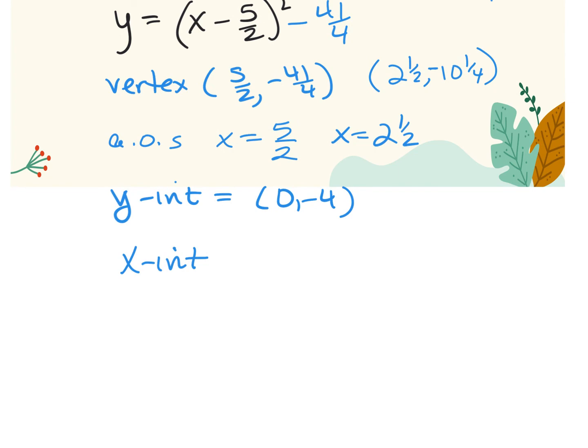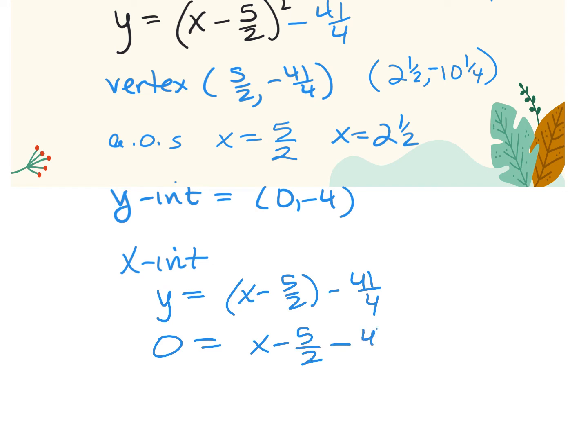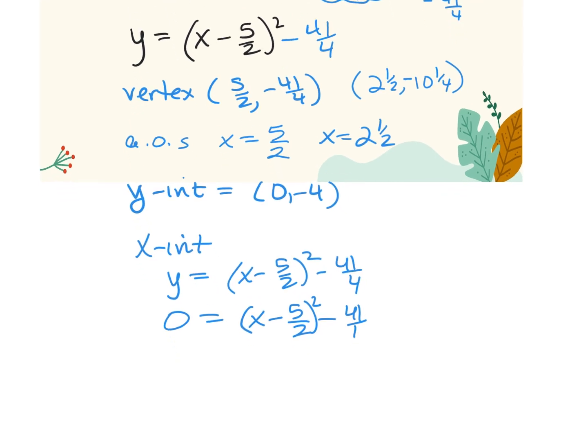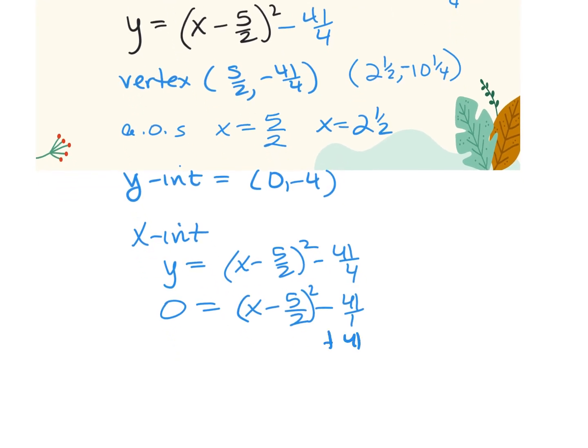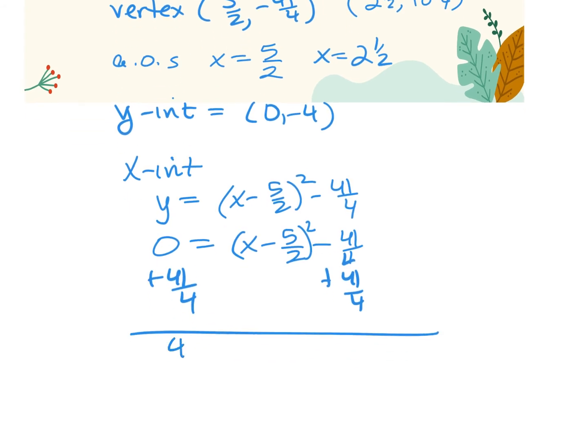So what I'll do here is take the standard form, y equals x minus 5/2 squared minus 41/4, set y equal to 0. So then now I'm going to add the 41/4 to both sides. And I'm ending up with 41/4 equals x minus 5/2 squared.